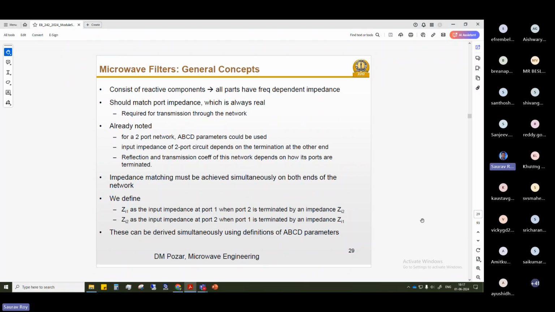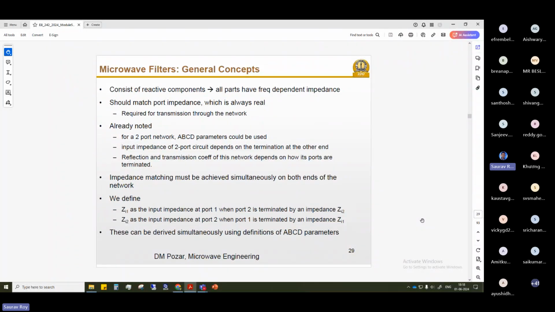So for any network, how do you define that it is good or bad? How do you analyze? It is S parameters, right? Other than the S parameters, in microwave circuits or transmission line, there is another parameter called gamma, or the line characteristics, where gamma is defined as alpha plus j beta, where alpha is the attenuation per unit length and beta is the phase shift per unit length.